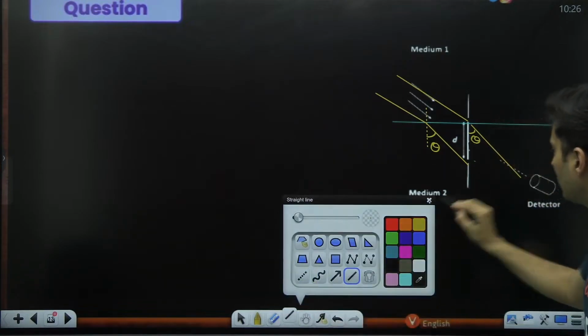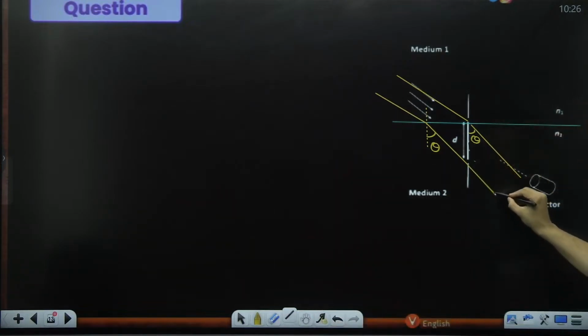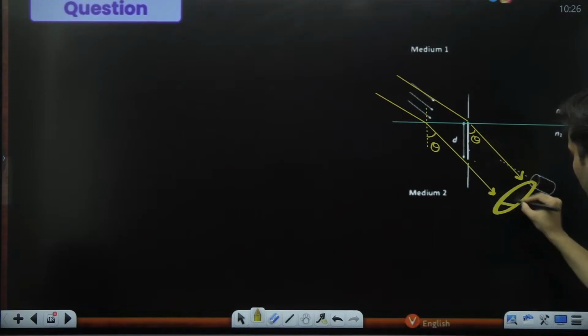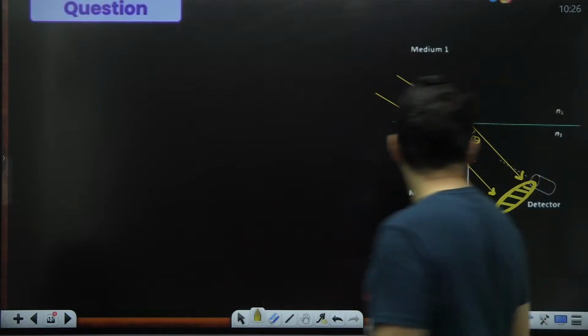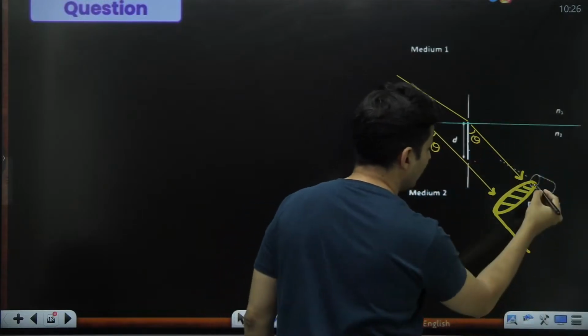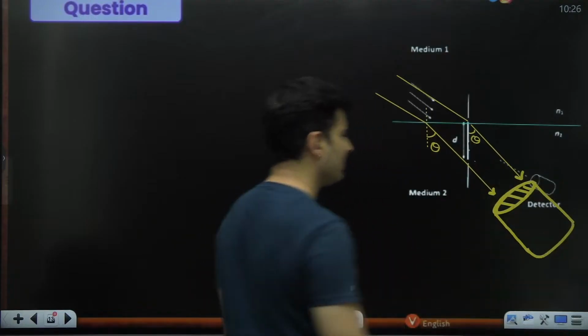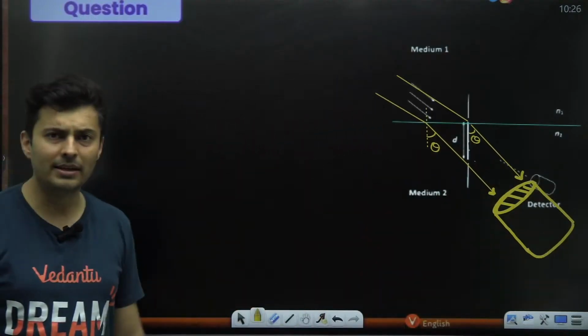Let me just put it over here like this. They are going to come over here, and these two rays will fall on the detector and they will definitely interfere over here. So the detector is now going to be here. This is just a narrow beam that is going to be detected over there.